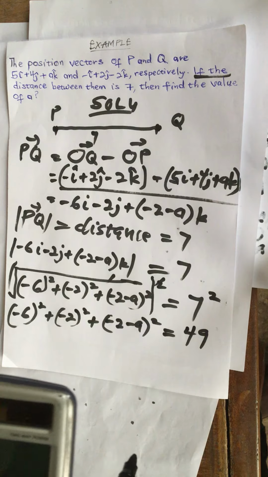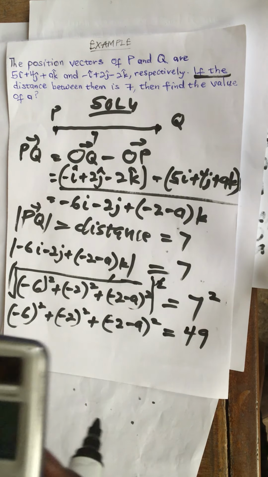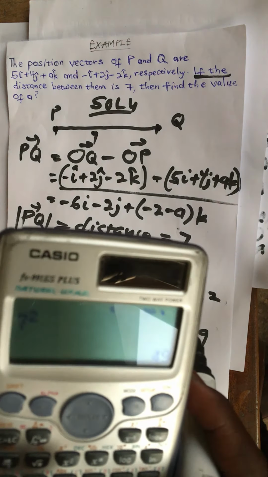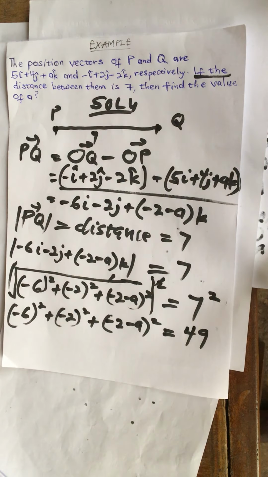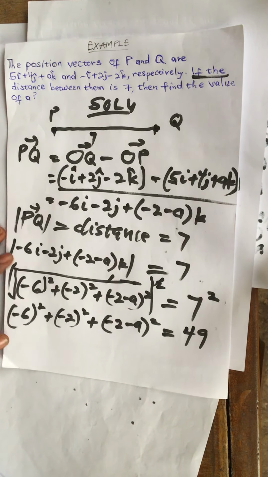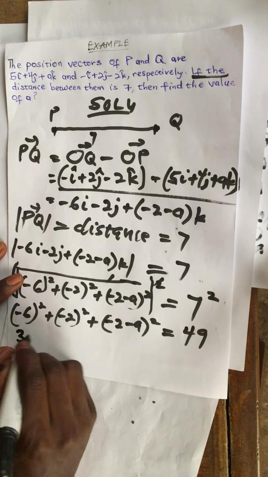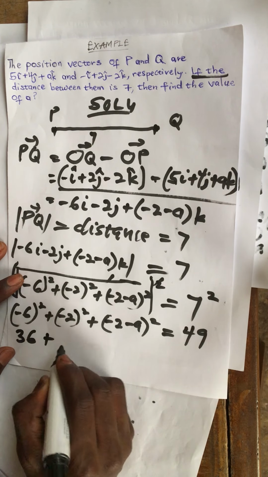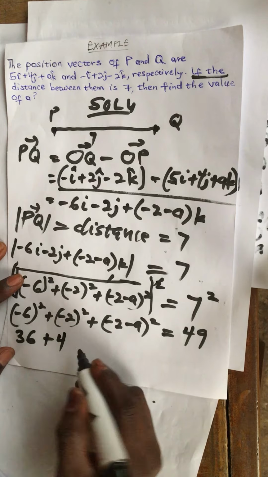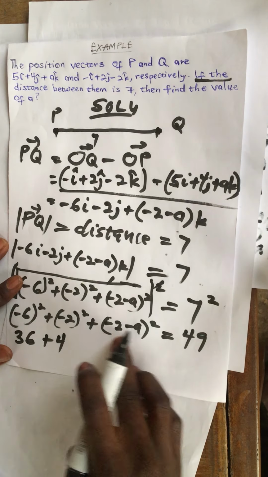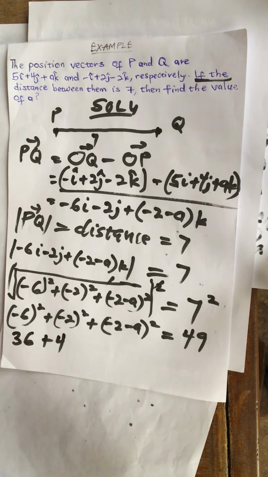Let me be sure that 7 squared gives us 49. Okay. So (-6)² will give us 36, plus this will give us 4. So what we are going to do is expand this.